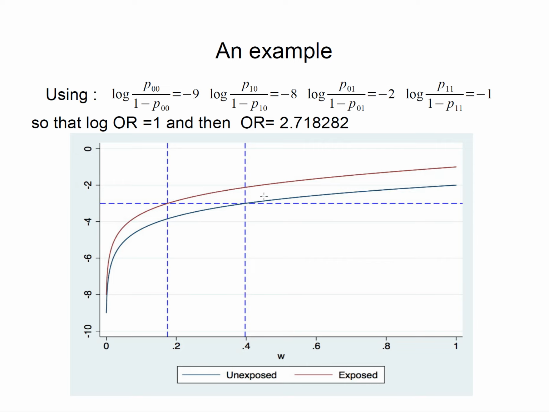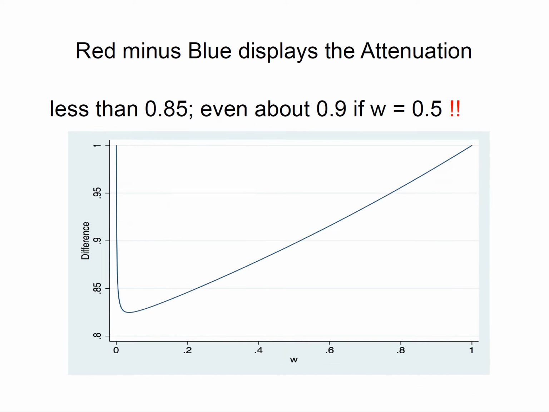However, if we adopt a wise approach, let's now look at the difference between the red and the blue curve. In other words, the vertical distance between the red and the blue here. If we do so, we see the following.